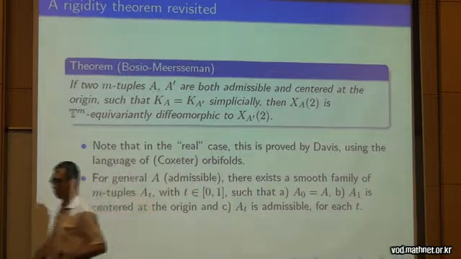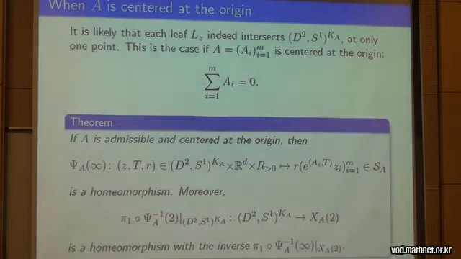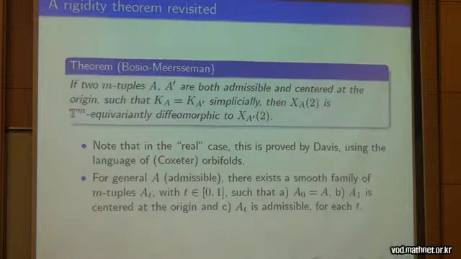And in general, even if K is not induced from A, there is a homotopy equivalence between the moment angle complex and S_A. This is proved by Buchstaber and Panov. After that was done, I thought it was almost finished, but when I thought about the rigidity theorem of Bosio and Meersseman again, I think we can do something for this theorem, but we have to add the restriction that A must be centered at the origin.